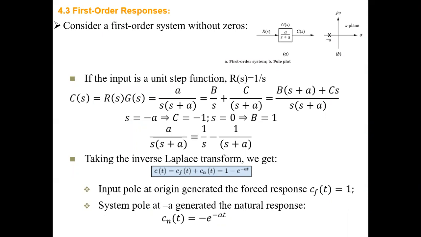All right, let's do the first order response. Now we know how the poles and the zeros work, right? So now let's do one by one. Let's do the first order response, then second order response. Okay, first order.